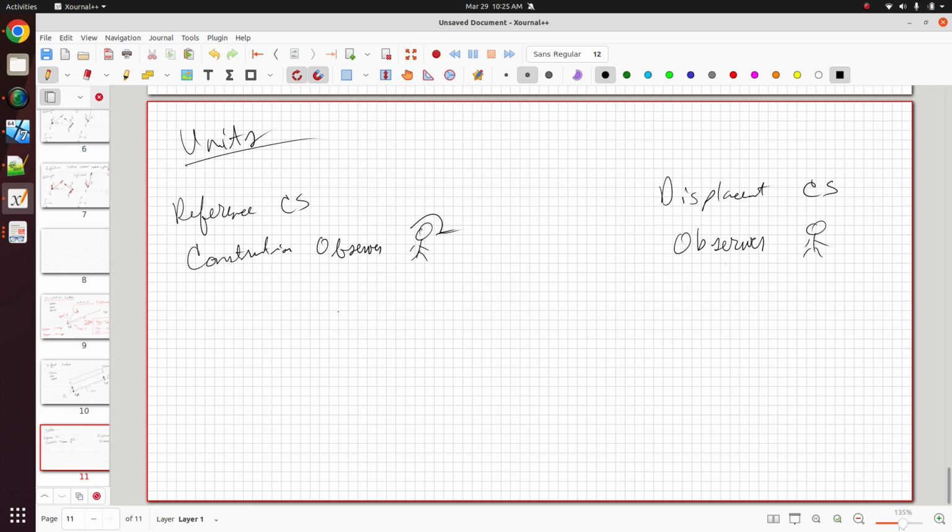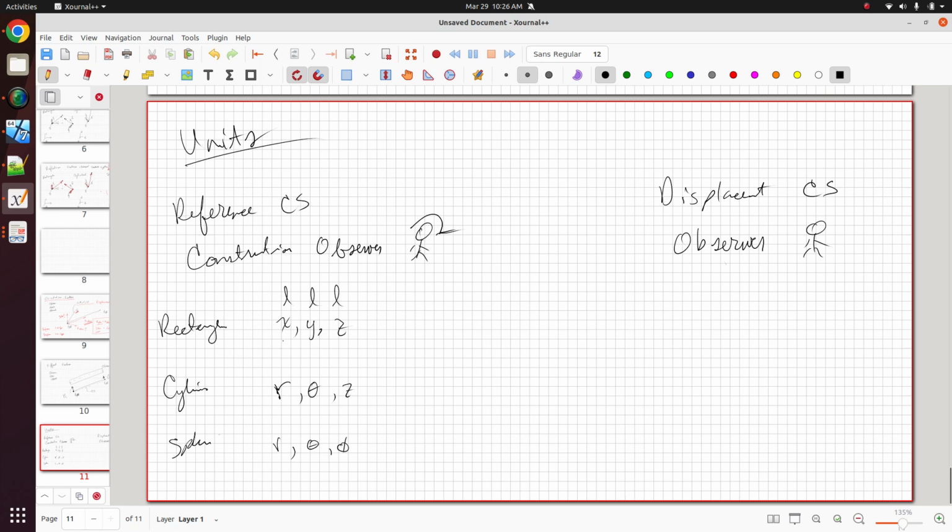Let's talk about the units. If we have a rectangular coordinate system, a cylindrical, and then a spherical coordinate system, what are the units? Here we have an X, Y, and Z component. For cylindrical, we might have a radius, a theta, and a Z. And for spherical, we might have a radius, a theta, and a phi. Here, L for length, L for length, L for length.